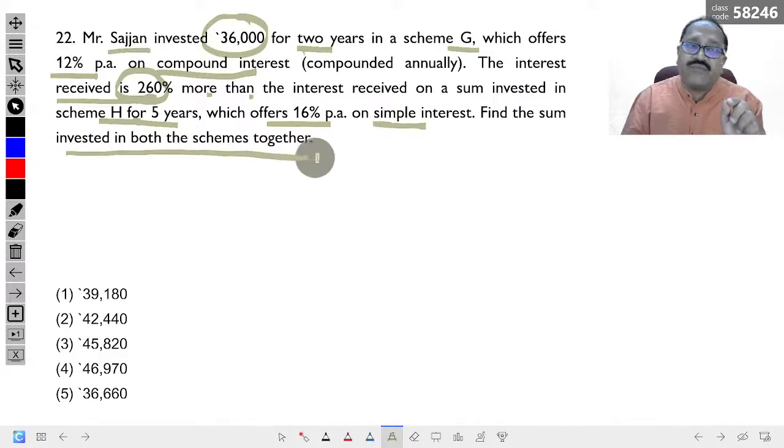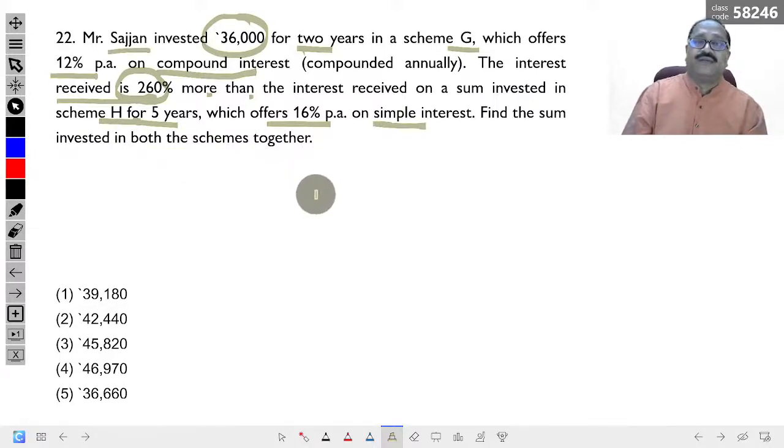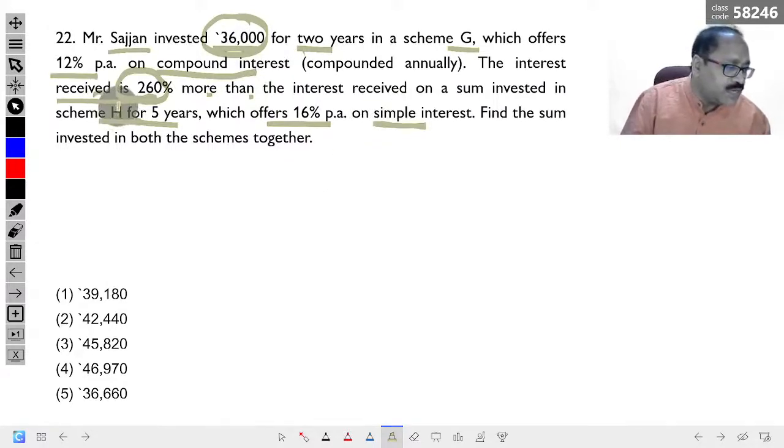Find the sum invested in both the schemes together. So this is 36,000 plus the amount invested in H.